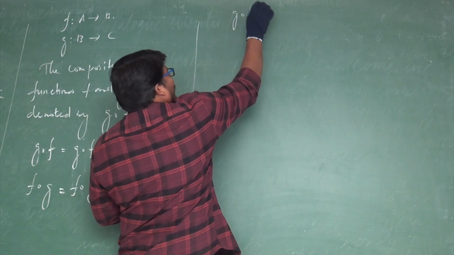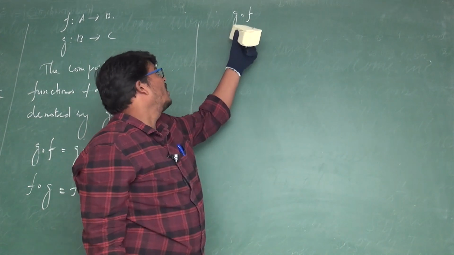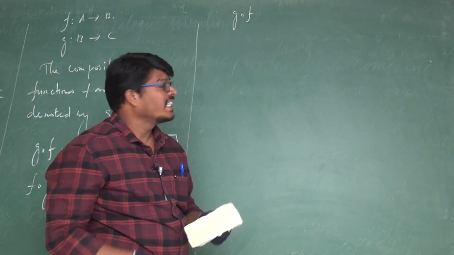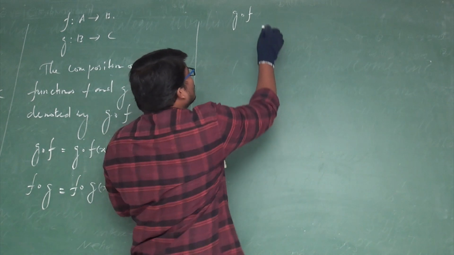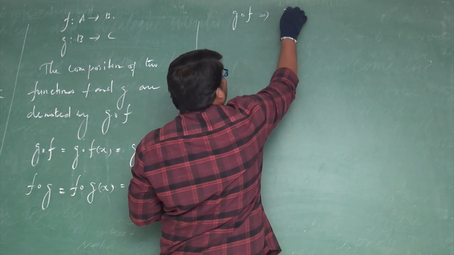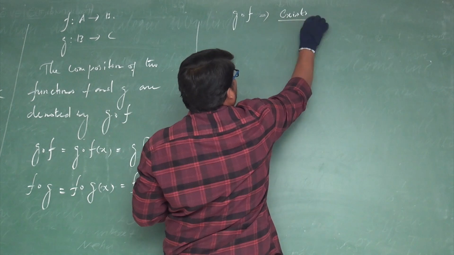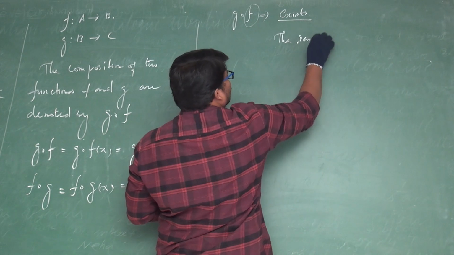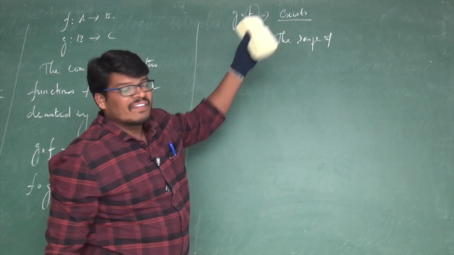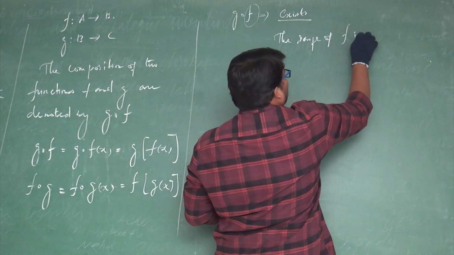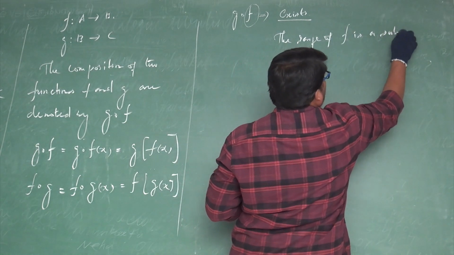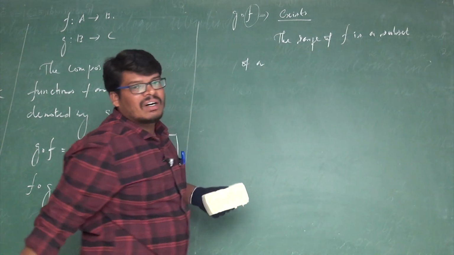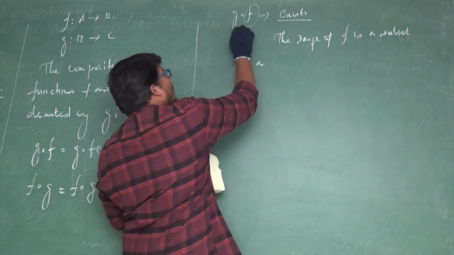G dot f, the composition of two functions: where does it exist? It exists where the range of f is a subset of the domain of g.